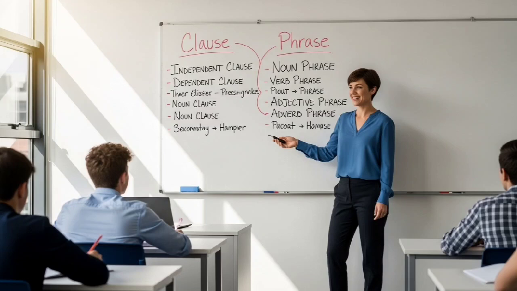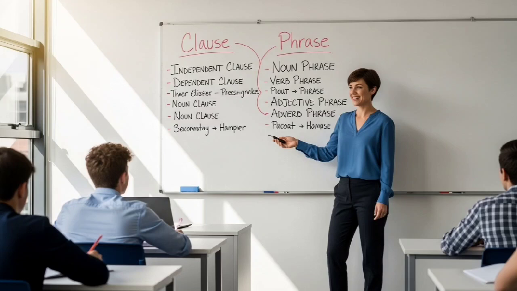Difference between phrase and clause. For example, here is a feature: meaning. A phrase is a part of a sentence. A clause is sometimes part of a sentence, sometimes a whole sentence.